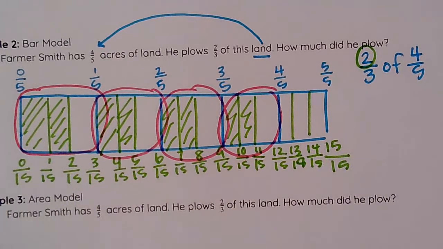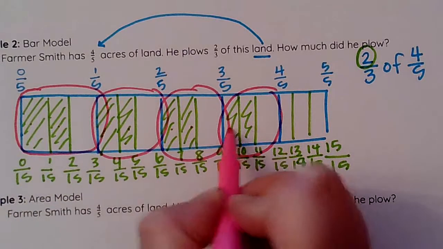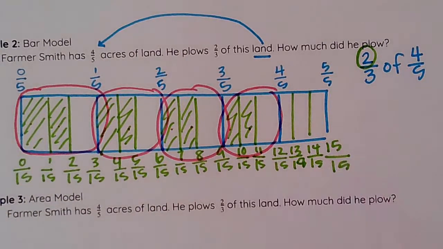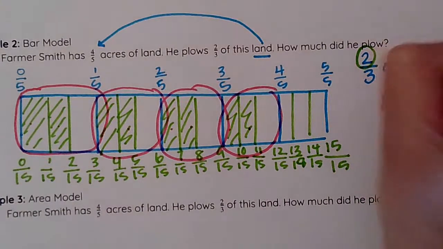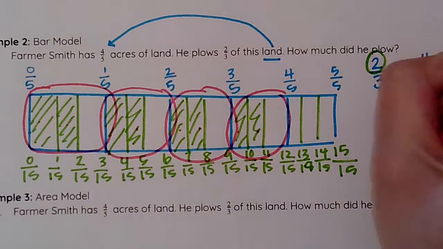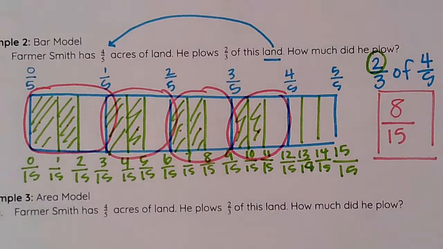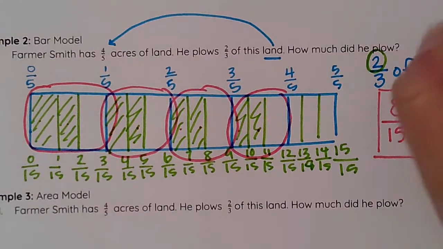So now all I need to do is actually count up how many parts I have. Well, I've got 1, 2, 3, 4, 5, 6, 7, 8. I've got 8 shaded parts out of a total of 15 parts. So I have plowed 8/15 acre.